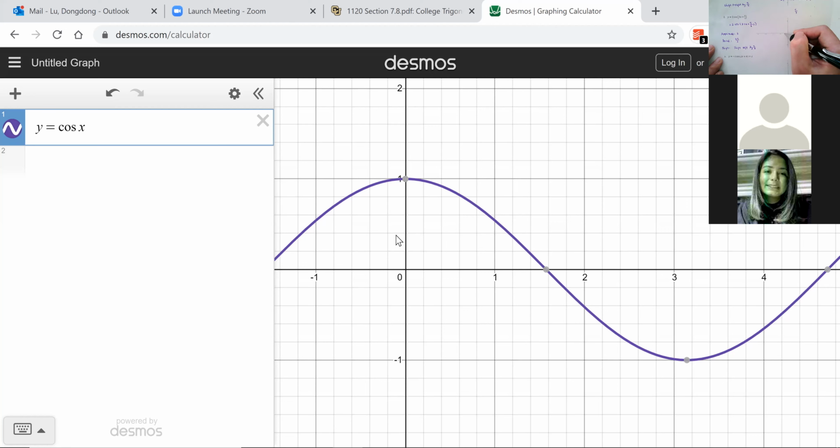Pi over 6 is approximately 1/3 of pi over 2. So you approximately reach your first maximum here. And your maximum is your amplitude, which is 2. 2 approximately is here. Can you see? Oh yeah, I need to switch my screen to start everything.